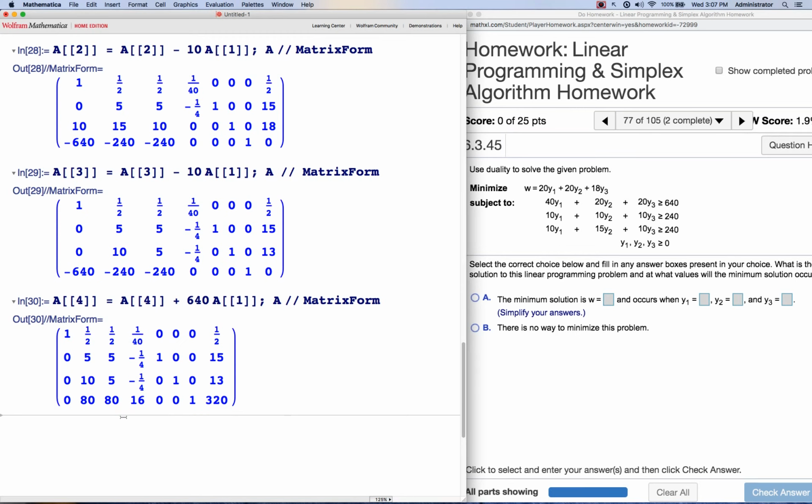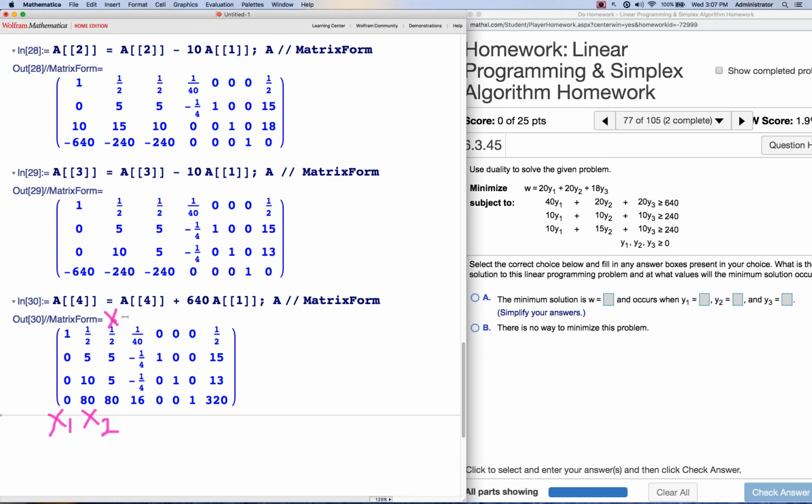Okay, so then think about, what are my answers? Okay, let me make sure I remember this. In the dual problem for the maximization problem, this would be your x1 column. This is your x2 column.